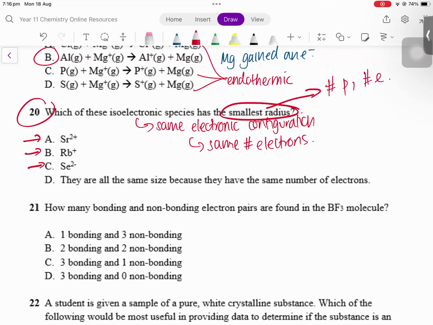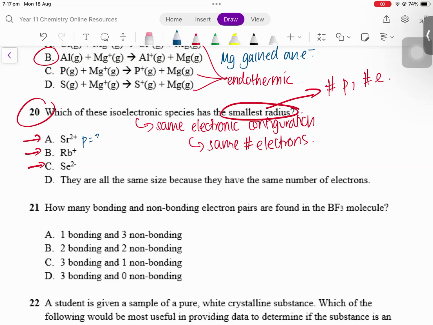The number of protons is its atomic number. So look at your periodic table for me. What number of protons does Sr have? Sr has 38 protons. That's where it is in your periodic table.